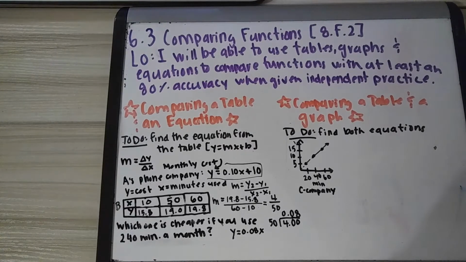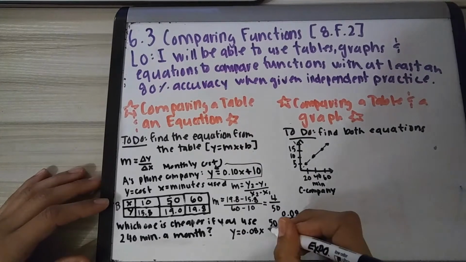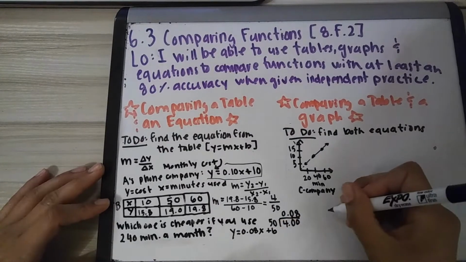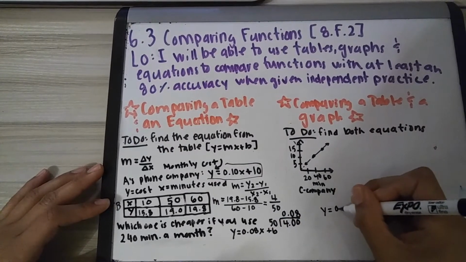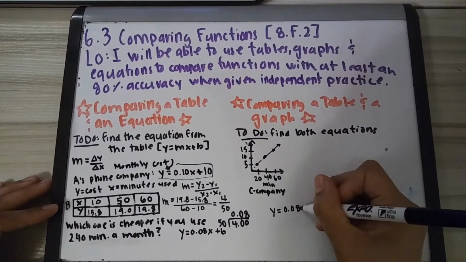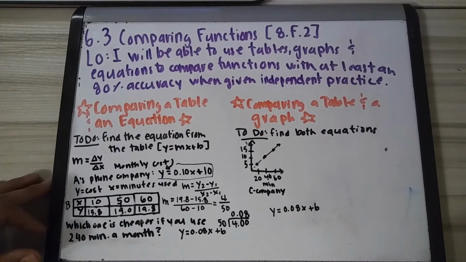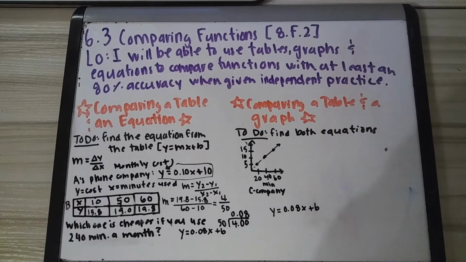Now, we need our b. To find our b, we're going to plug the values in for y and x, because we don't know b yet. I'm going to take any of the points given on the table for the x and the y value.